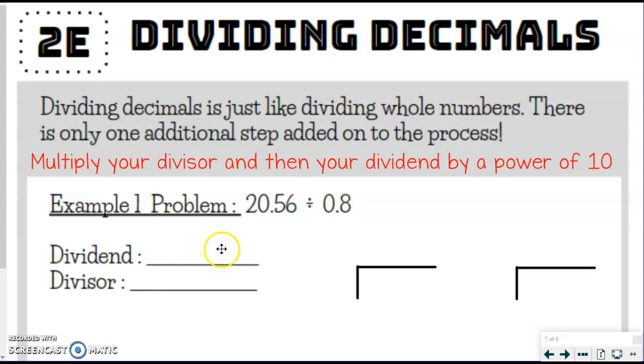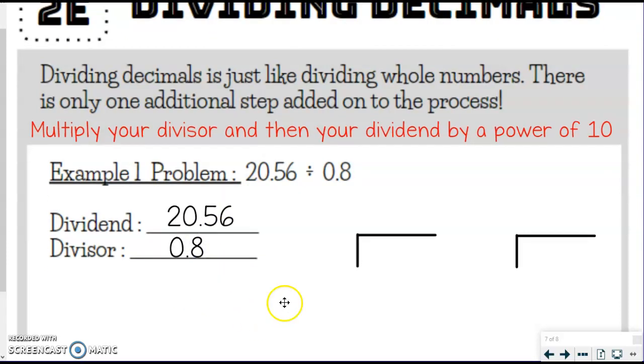So our dividend is 20.56. Our divisor is 0.8. If I set that up with my long division, first one goes in the garage, second one outside the garage. So now, when we go to start dividing and doing our divide, multiply, subtract, bring down, here's where the problem comes into play.